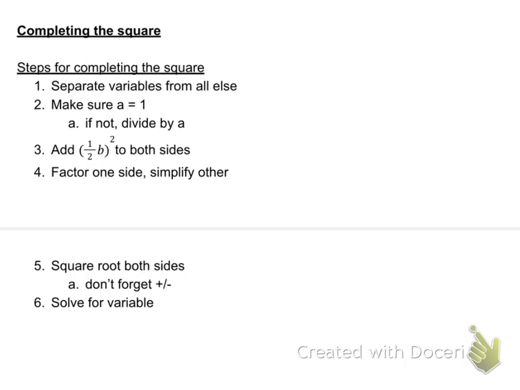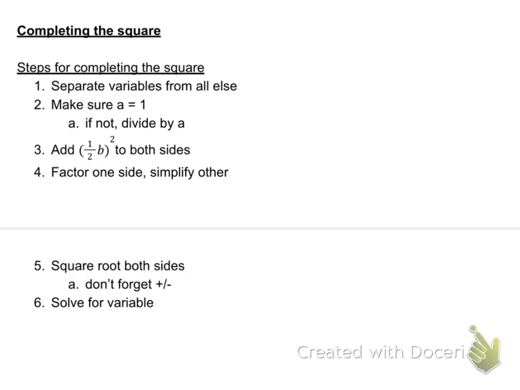And if not, you have to make it 1. So you will divide by whatever a is. So if it's 5x squared, you will divide both sides by 5. You have to make a equal 1. It will sometimes result in fractions. Deal with it.